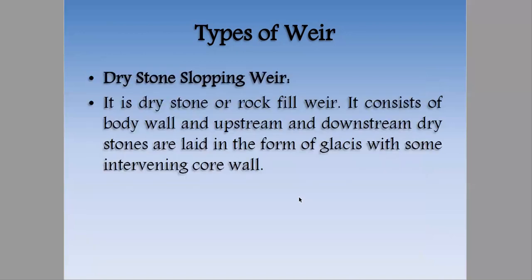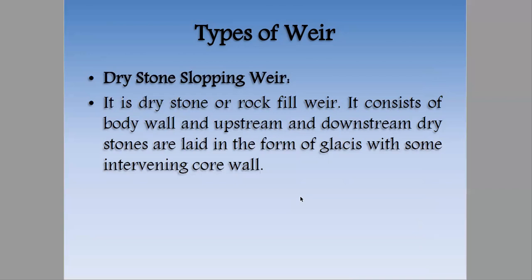Now, another type is dry stone sloping weir. In this type, stone or rock fill weir, it consists of a body wall, and at the body wall upstream and downstream, dry stones are laid. Okay, both sides, that is upstream and downstream, are laid with core walls.